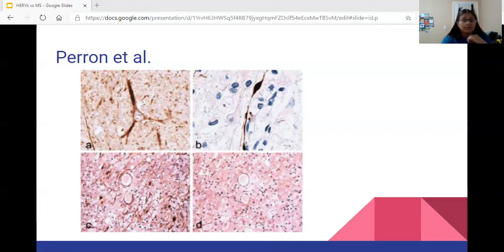In picture A, we don't see anything out of the ordinary, nothing super unusual. But if we look at picture B, we see an axon in the center of an actively demyelinating lesion.